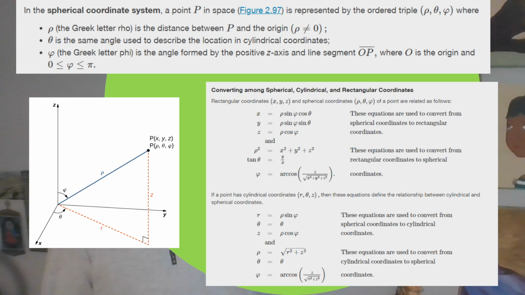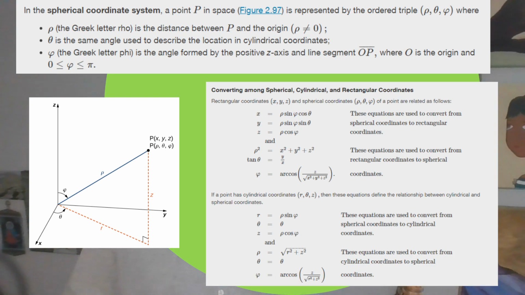In any case, now we have a way to easily represent spheres with the spherical coordinate system, and we'll take advantage of that a great deal later on in chapter 5 when we start dealing with triple integrals, and where you need to describe parts of a solid that is described by a sphere.